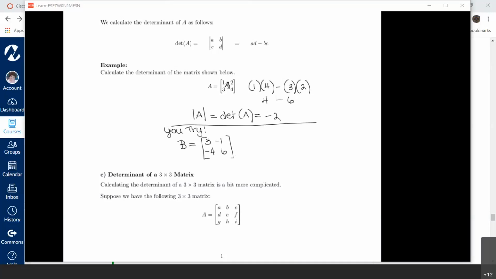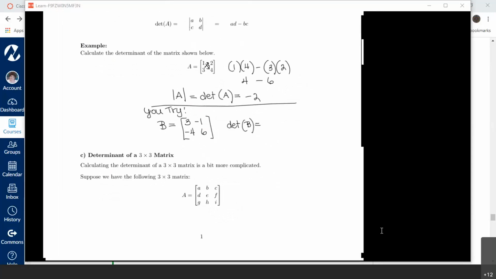You see if you can find the determinant of B. Okay, so you try this. Type done when you finish. But again, just do the determinant calculation yourself. And again, you've got an example right above.